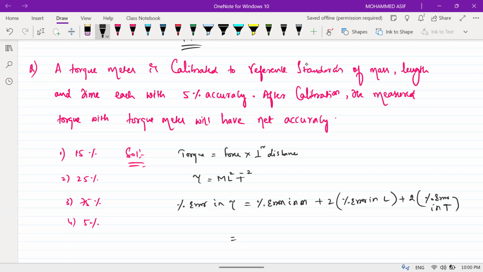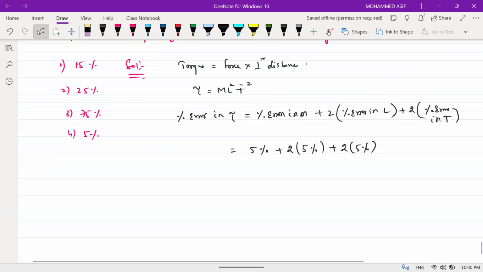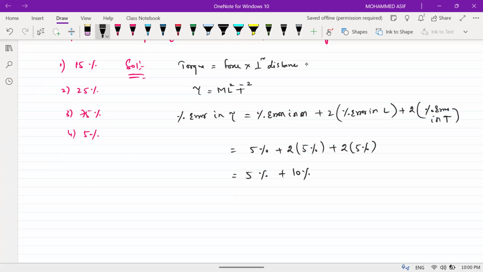So 5% है इसके अंदर plus this is 2 into your 5% plus this one is also 2 into your 5%, isn't it? So this value will come out for me how much beta? This is 5% plus 2 fives are 10% plus this one is also 10%. So that comes out for me 25%. That will be the answer.